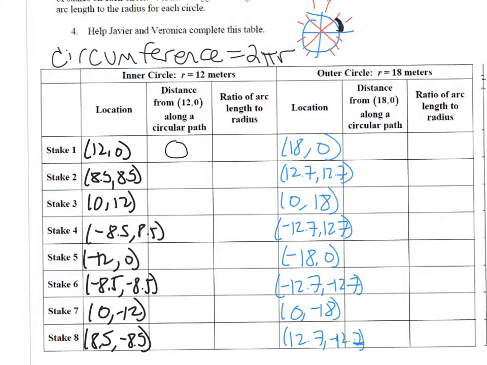So if we do 2 pi r divided by 8, each piece is going to be 3 pi in length. So 2 pieces is 6 pi.